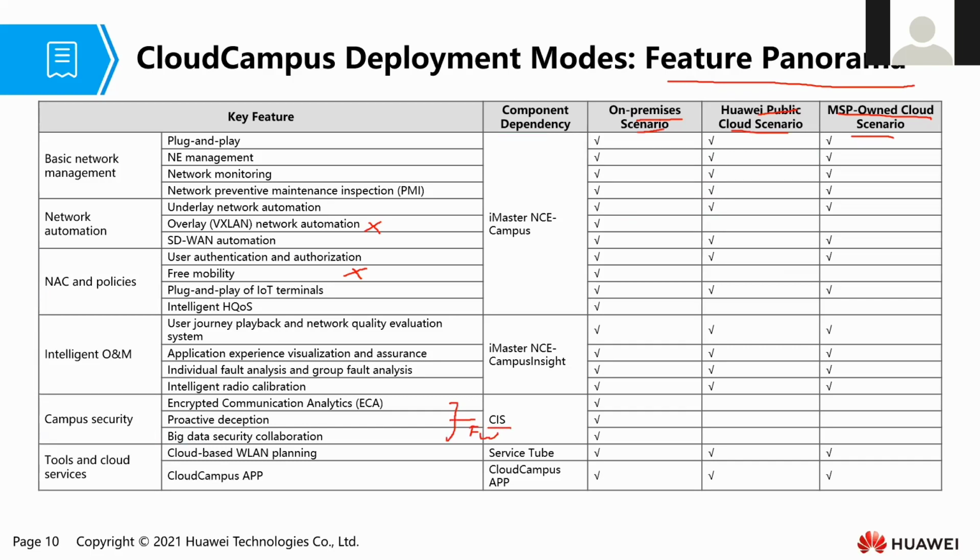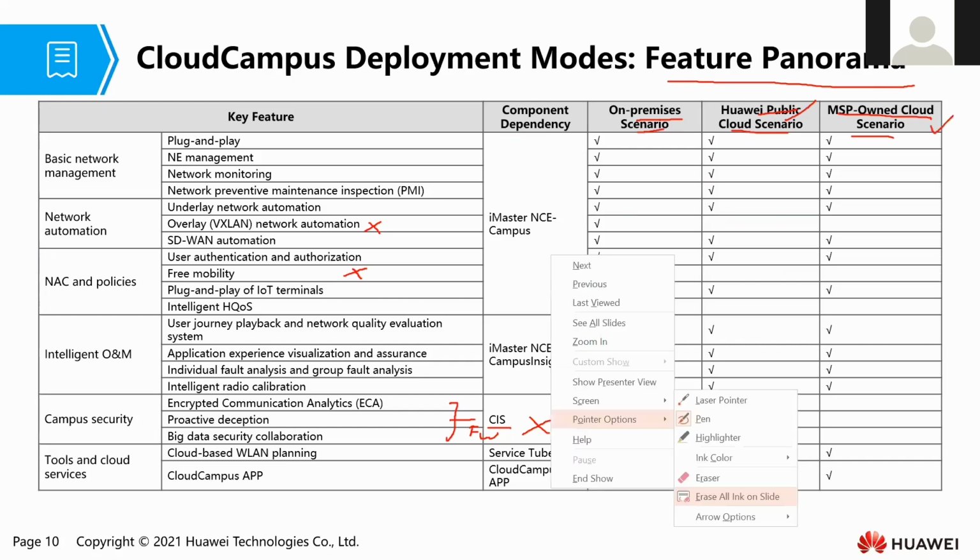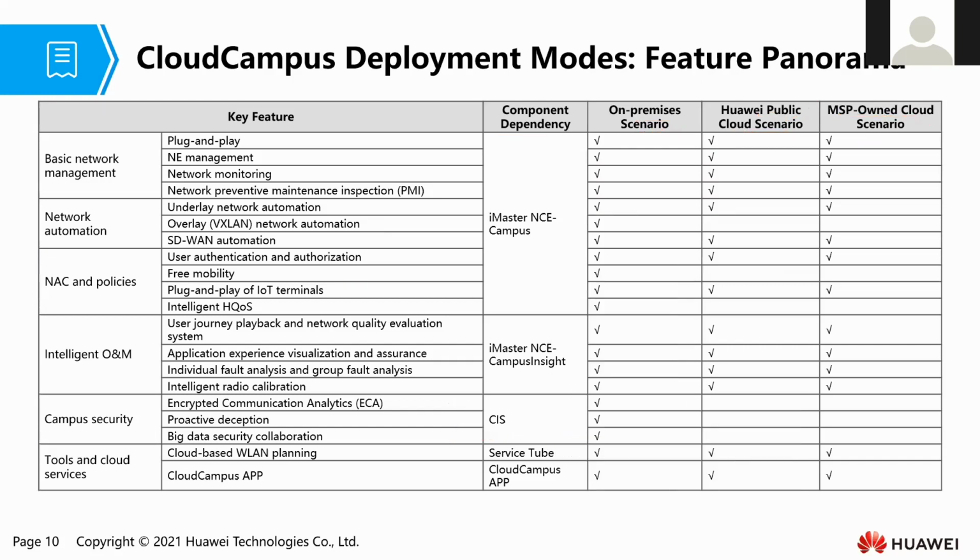So these three are not supported in public cloud and MSP owned cloud scenarios. Don't worry about all these features, I will explain in detail later on. For now, you need to know that there are some features which are not supported in these two scenarios.